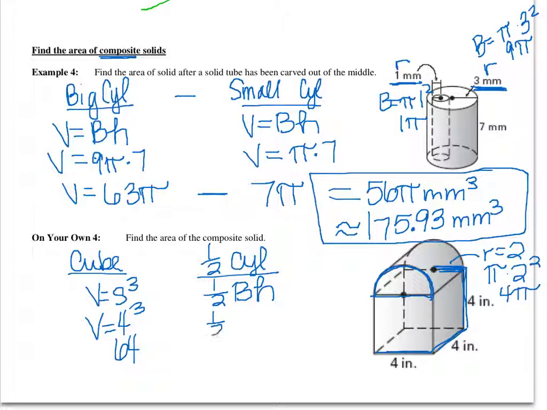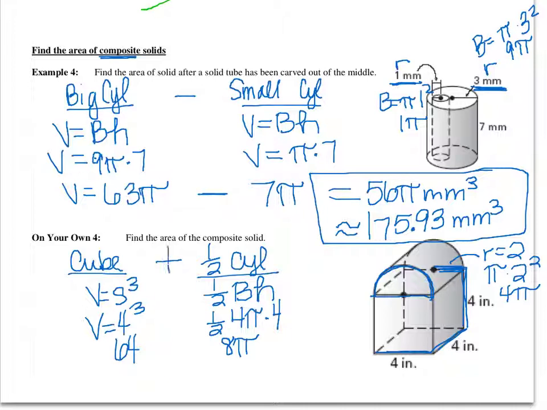So I have half times the area of my base of my cylinder, which is 4 pi, times my height of my cylinder, which is still 4. So half times 4 is 2. 2 times 4 is 8, so I have 8 pi as the volume of my half cylinder.